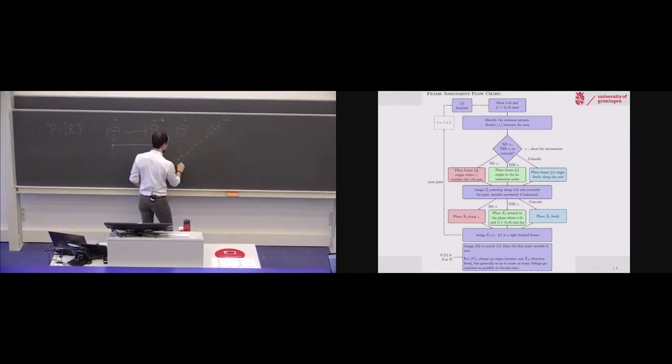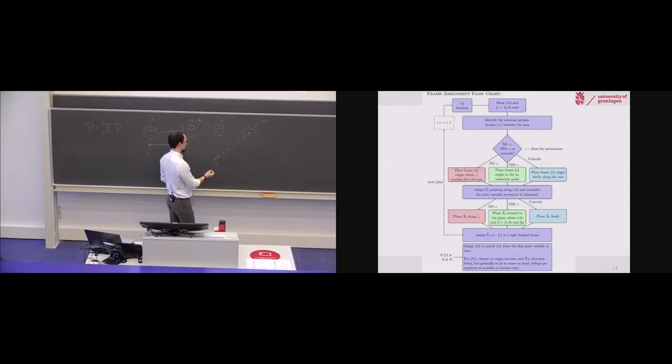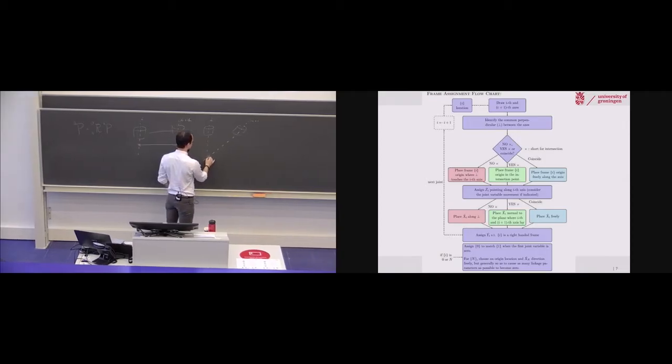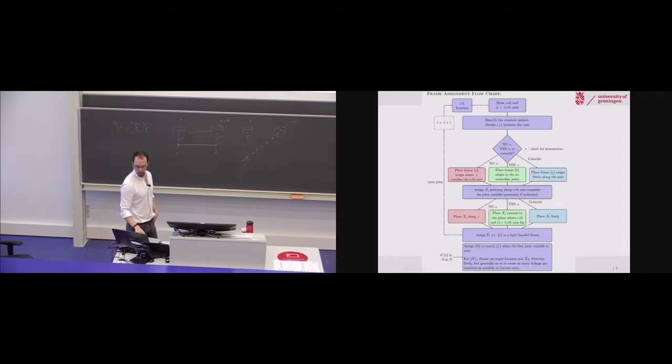Well, in this case, the intersection between the two is just this point, right? Because there is indeed the intersection, so this point is the perpendicular between the two. And therefore, I have to place the origin of frame I here, as you can see. So we are in this green case over here, okay?